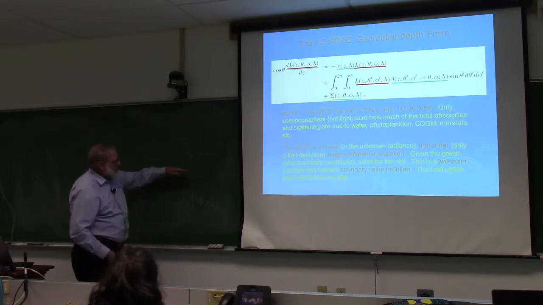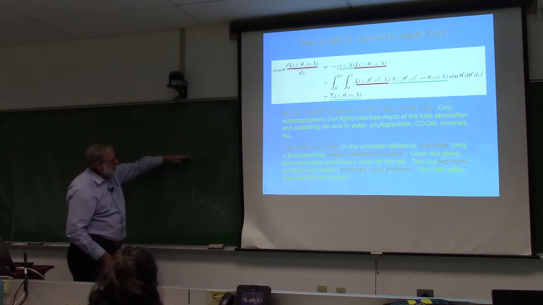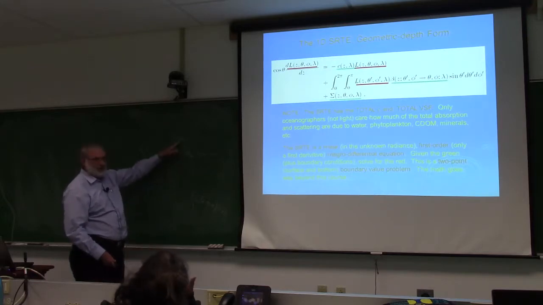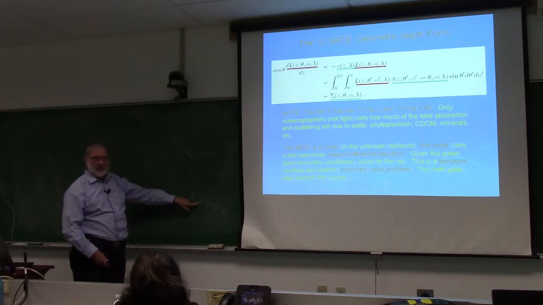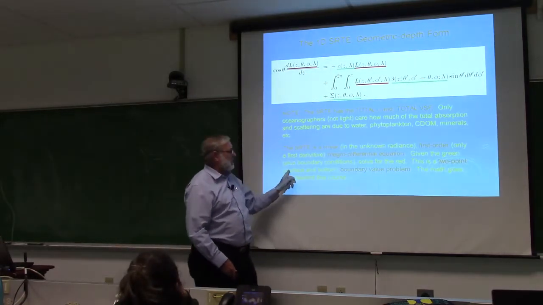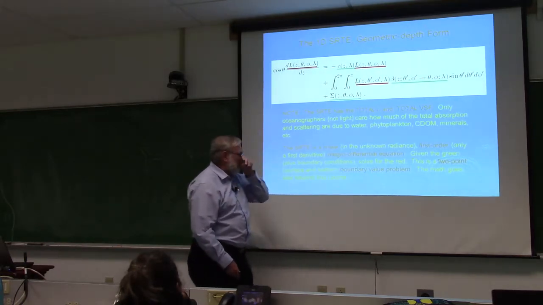But at any rate, you solve for the radiance throughout the water body, subject to the condition that at the surface you have a known value and you have some known boundary condition at the bottom. So that's why it's called a 2-point, namely surface and bottom, boundary value problem.